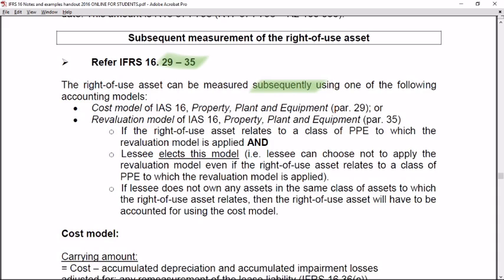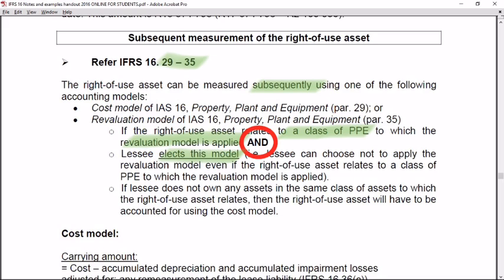Under the revaluation model, the lessee can only apply this model if the right of use asset relates to a class of PPE to which the revaluation model is already applied by the lessee, and the lessee elects this model.